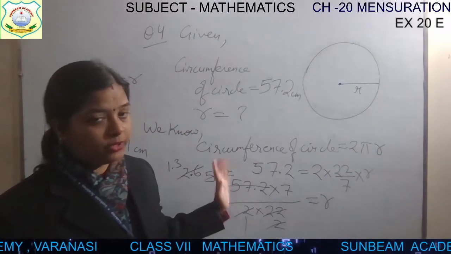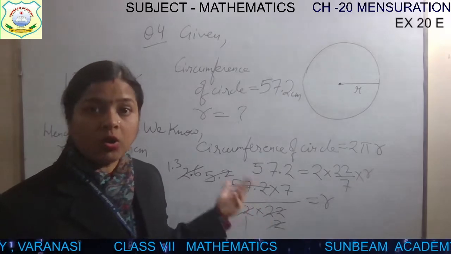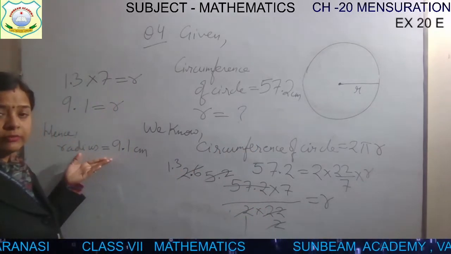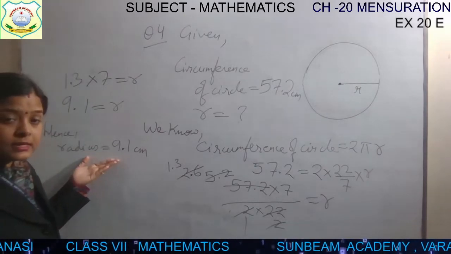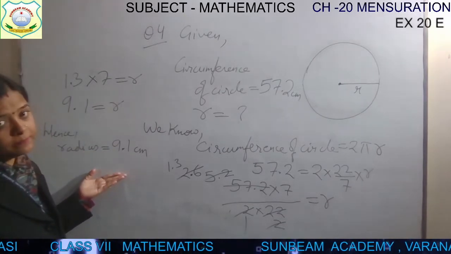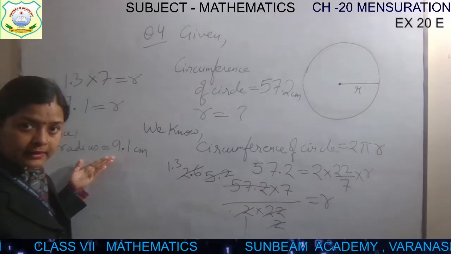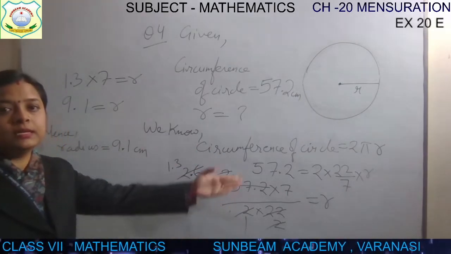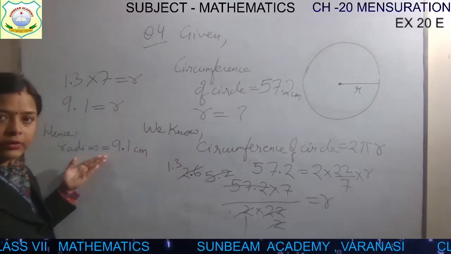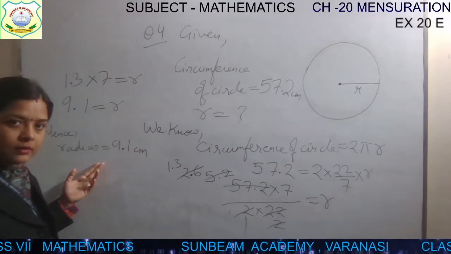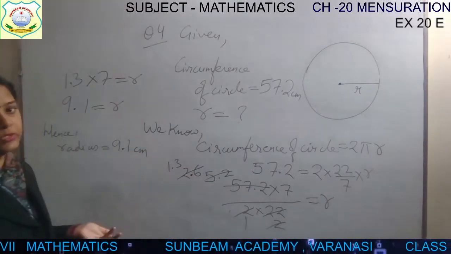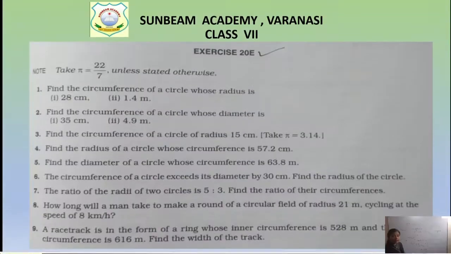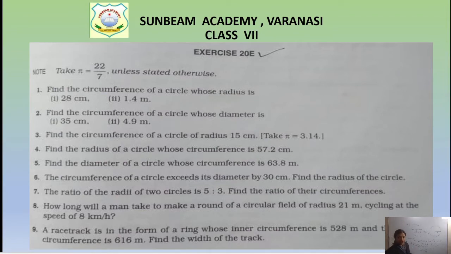In that way you can find the value of diameter. Or you can use the other process: when you find the radius by using circumference of circle equals 2 pi r, after that you have to make it double. Twice the radius is equal to the diameter, which is what the question is asking.